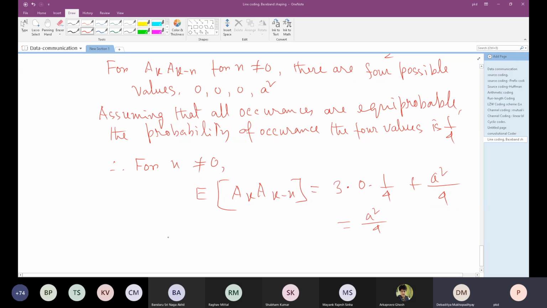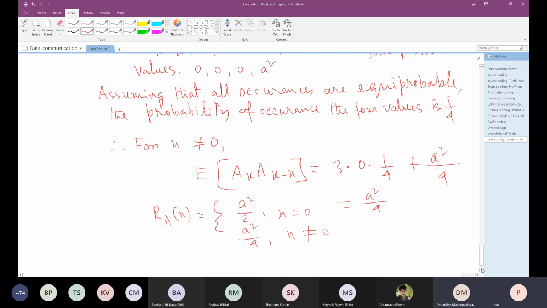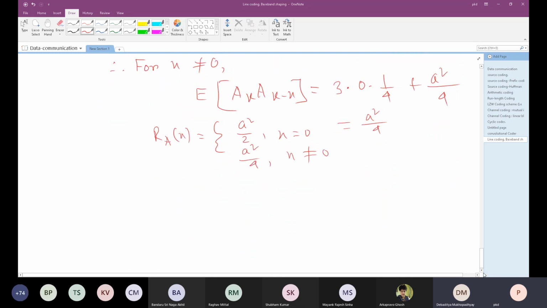So R_A(n) equals A square by 2 for n equal to 0, and A square by 4 for n not equal to 0. Then let us write down the spectrum.